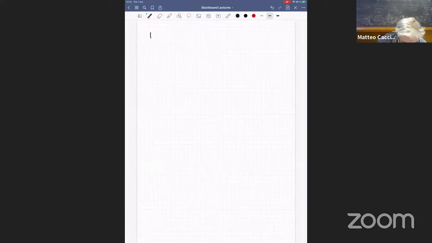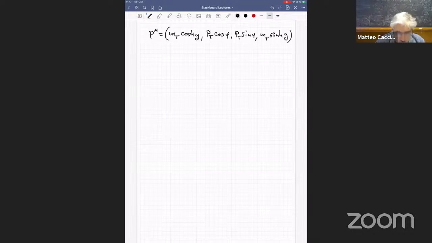So P mu, the same P mu that we had before, can be written as mt times hyperbolic cosine of rapidity, for this is the energy component, pt cos phi, pt sine phi, and then mt again, hyperbolic sine of rapidity.